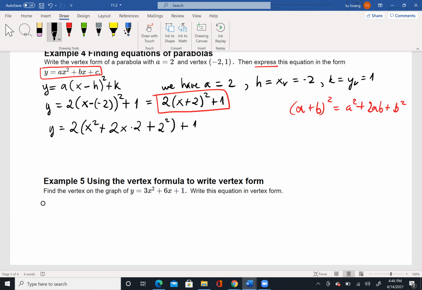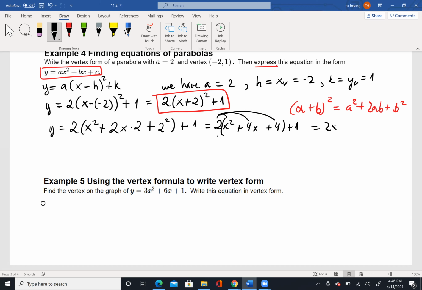Okay, so now let's simplify. I have 2 times (x squared plus 4x plus 4), right? Plus 1, right? And then distribution. Right?